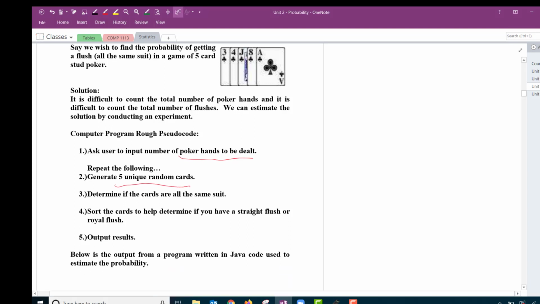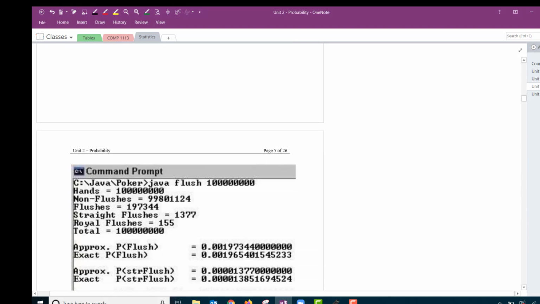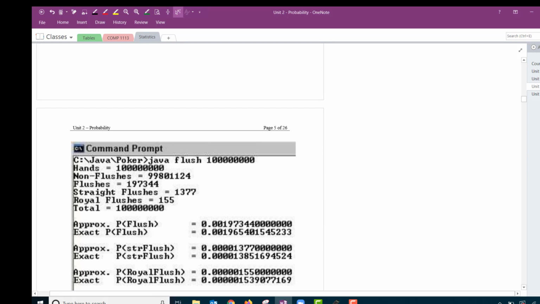But if I write a little computer program that will do this randomly, we can get our results that way. So here's my rather crude interface. I ran my program, which was called flush, and on the command line I input how many hands I want dealt.